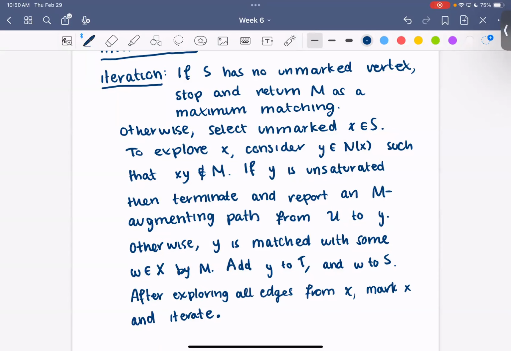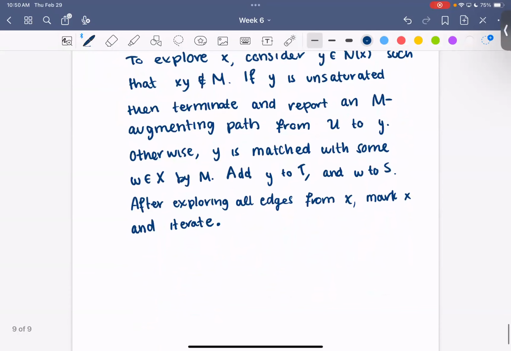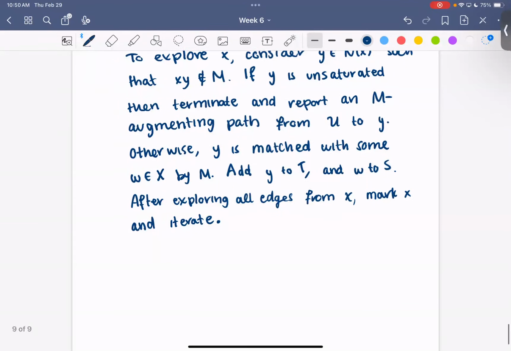Okay, so I'm gonna draw an example graph and then have you run through the algorithm to find an M augmenting path.